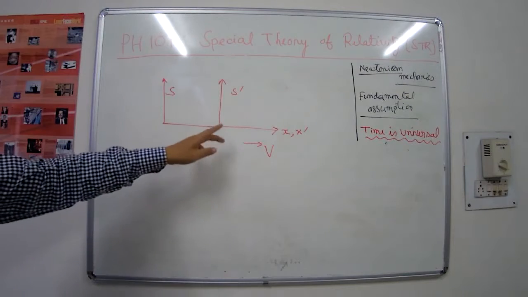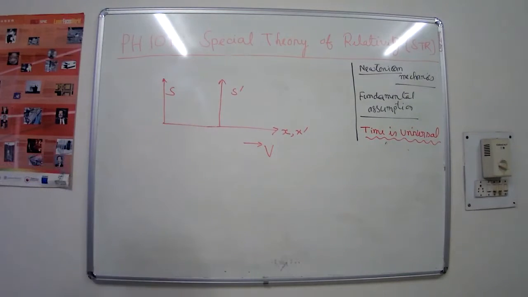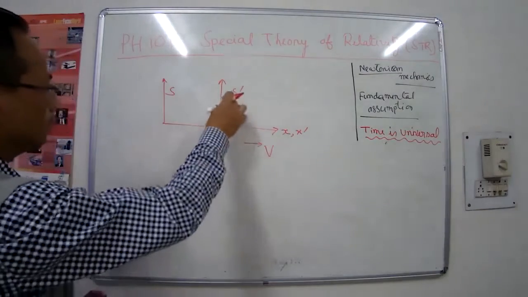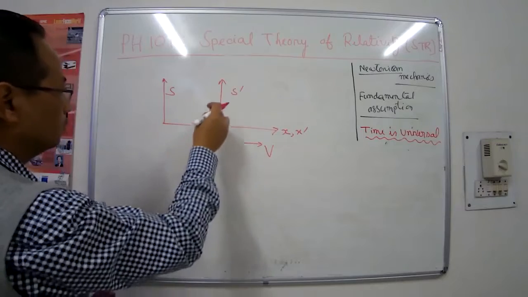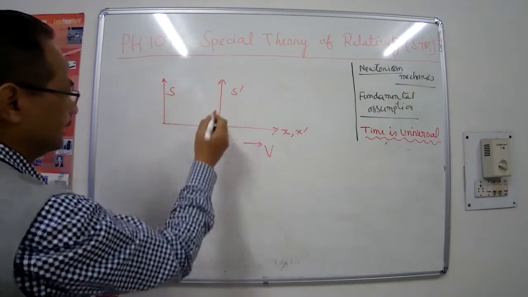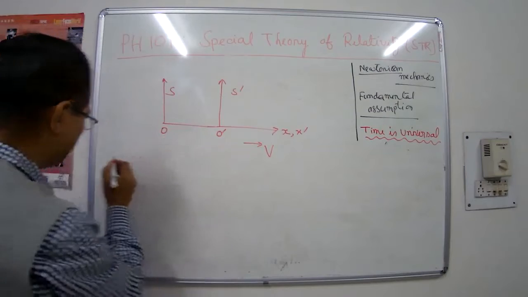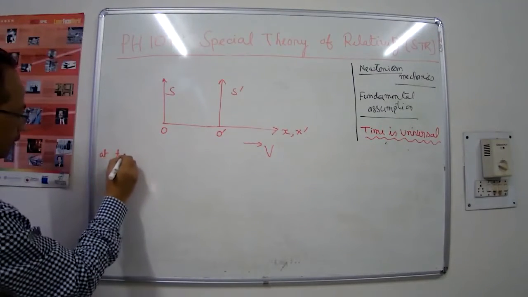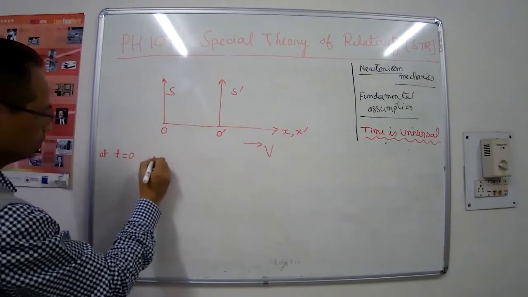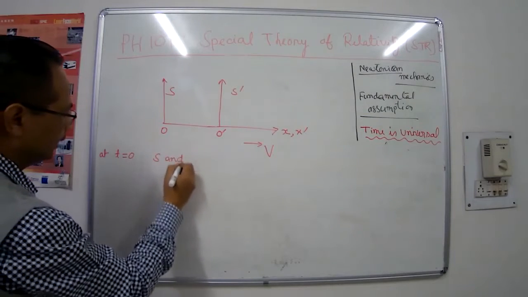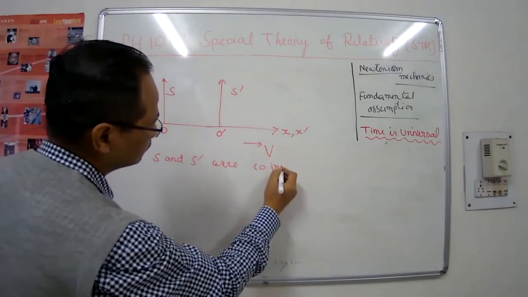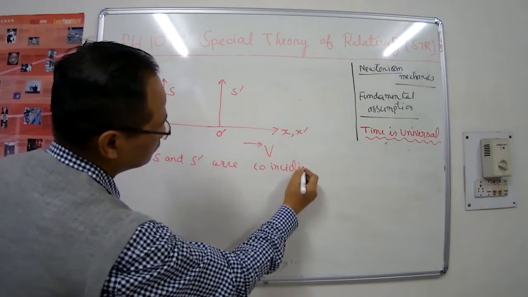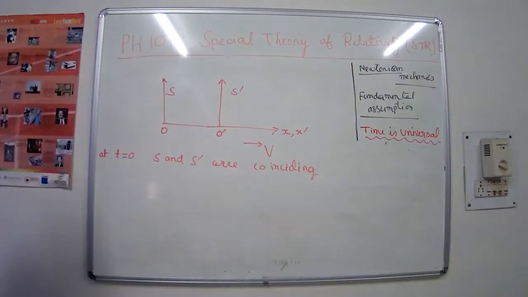Suppose the two clocks are synchronized in such a way that at t equal to 0, S and S prime were coinciding.